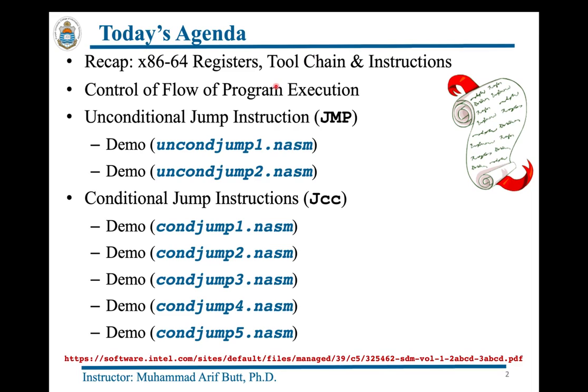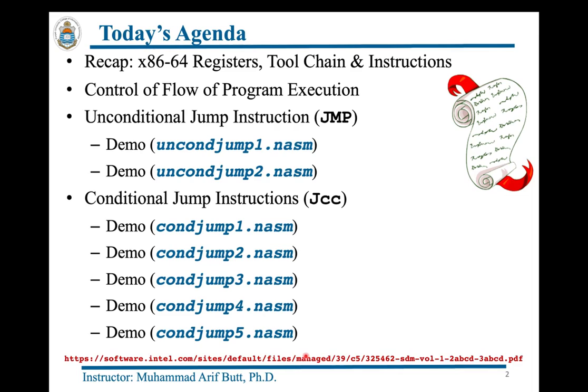And today we are going to talk about the instructions that are used to change the flow of execution of a program, either unconditionally using the JMP instruction or conditionally using the JCC instruction, where this CC stands for conditional code. And there are tens of such instructions that you can find in the Intel Software Developer Manual available at this link at the bottom of the slide.